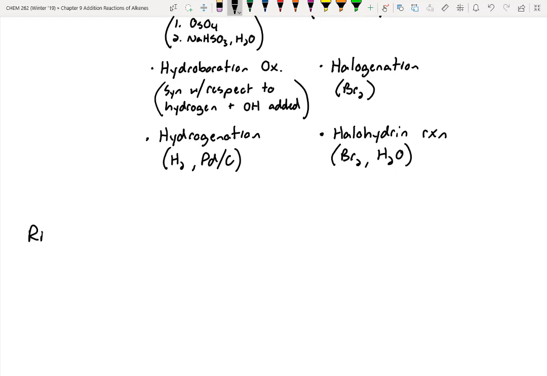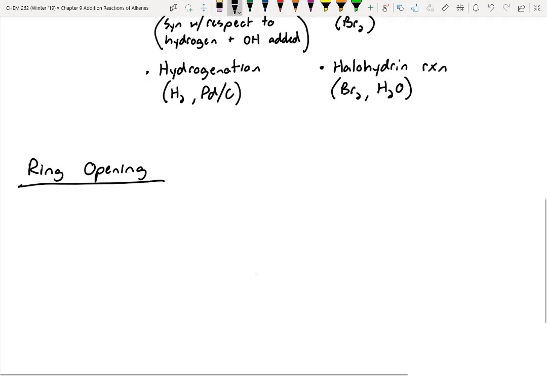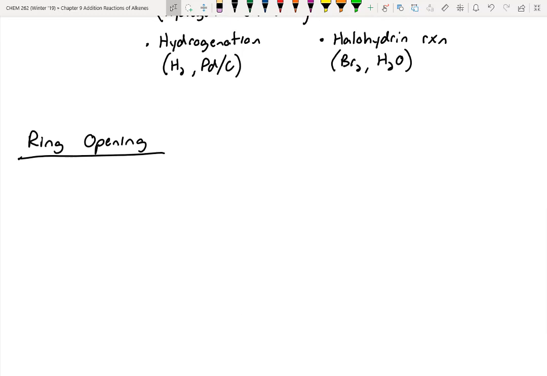It was ring opening. All right, so for ring opening reactions, that means we had some sort of three-membered ring. I'm going to put Z as the bridgehead, and Z normally has a positive charge. And we have some sort of nucleophile floating around with a lone pair or a negative charge.